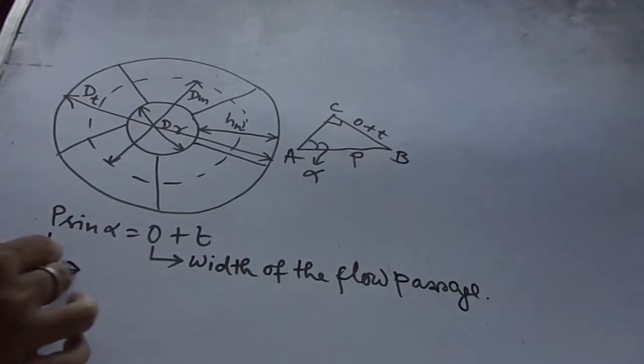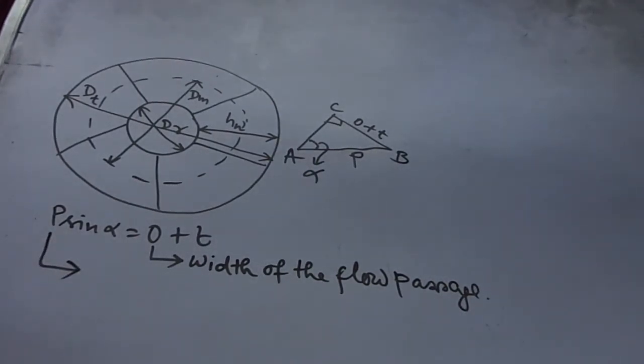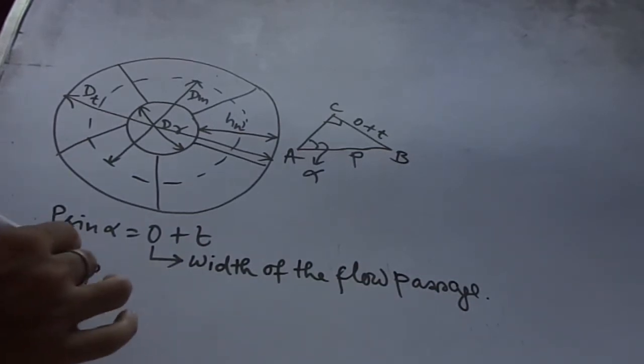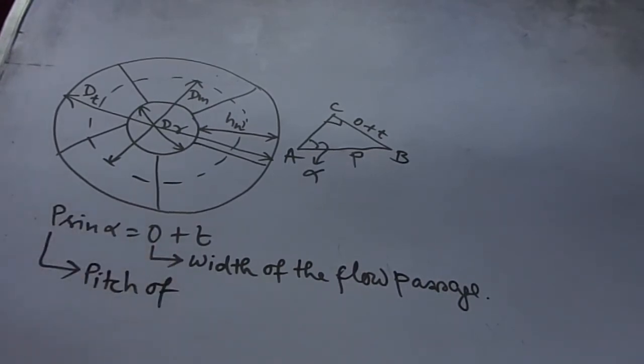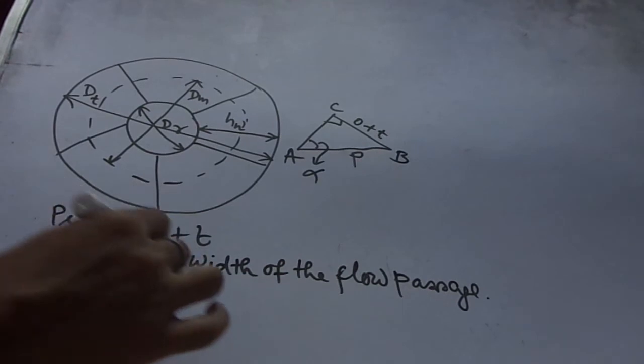P is the pitch of nozzles at mean nozzle height.